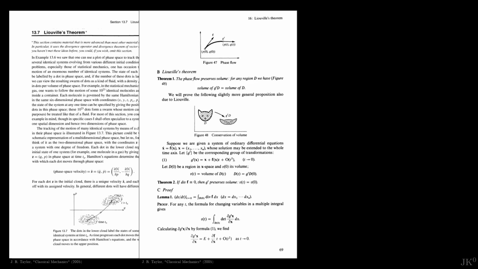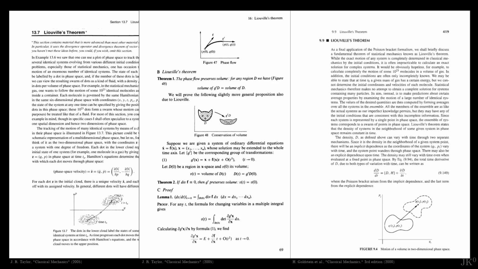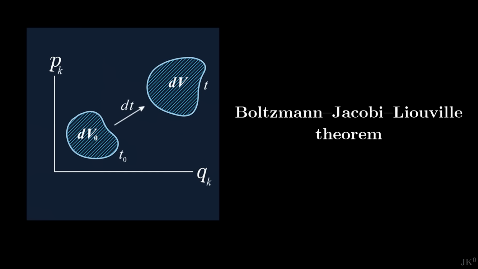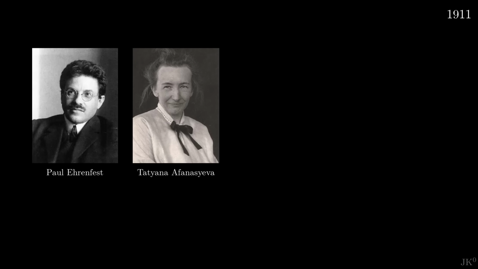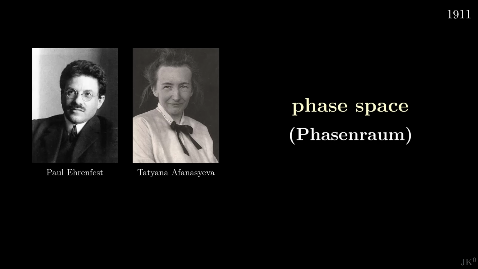This is why every textbook calls it Liouville's theorem, but maybe we should call it the Boltzmann-Jacobi-Liouville theorem. In the year 1911, one of Boltzmann's students, Paul Ehrenfest, and his wife, the physicist Tatiana Afanasieva, published an article reviewing Boltzmann's work. It is here that the word phase space appeared for the first time.